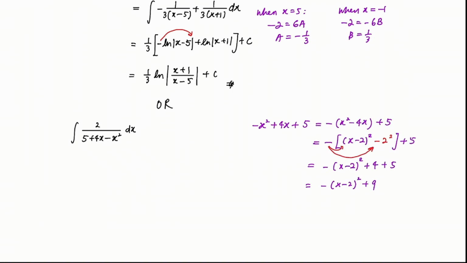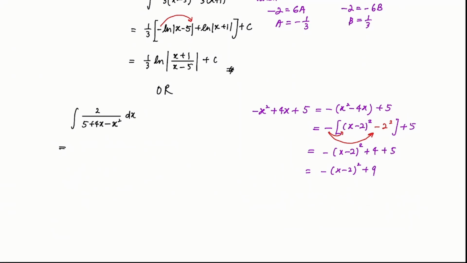So we complete the square and update the denominator with this: 9 minus x minus 2 squared. If you take note, we can make use of the formula in MF27 for a quadratic, which is a squared minus x squared.